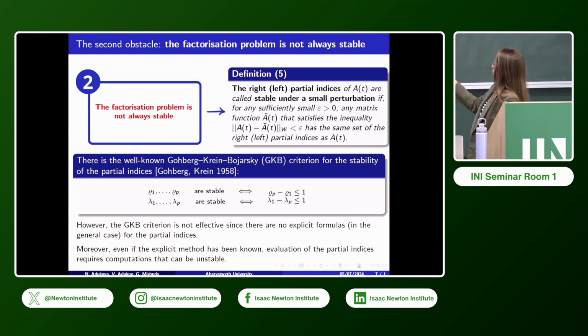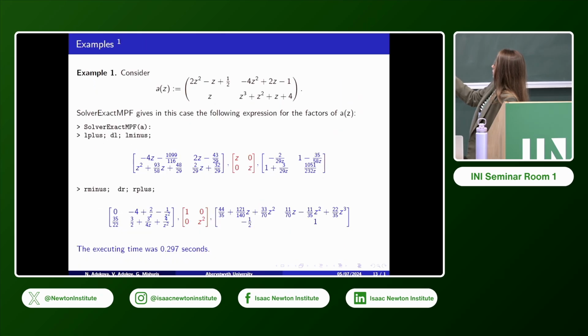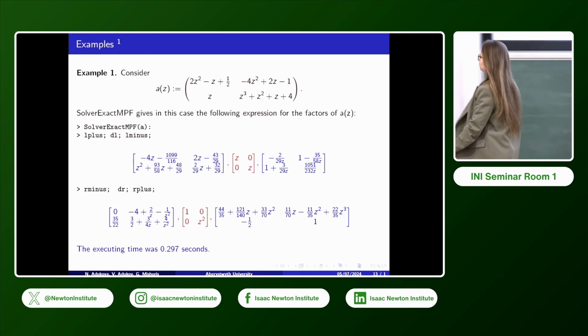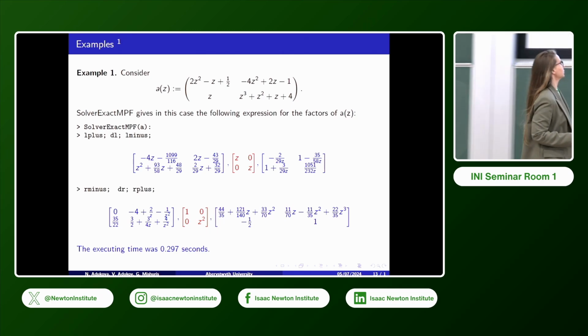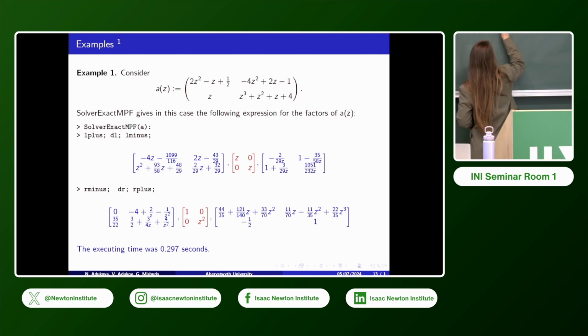So let's go to our example, and I think maybe we will write them on the board, because in the examples we will use them.